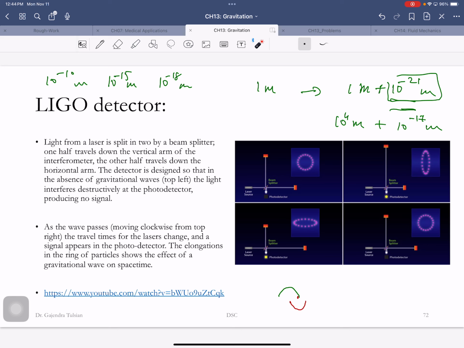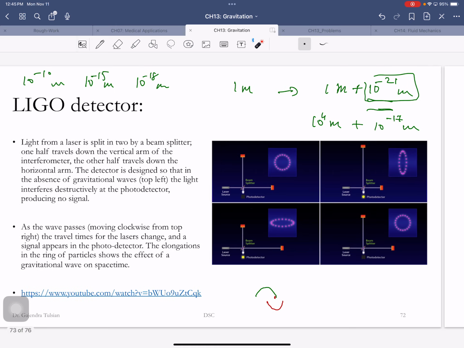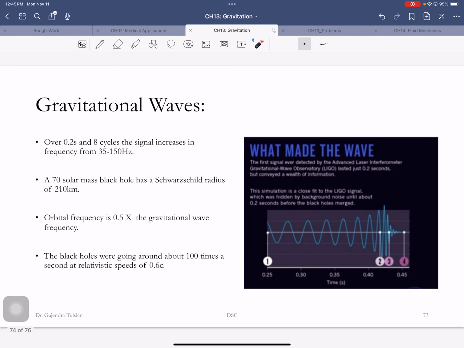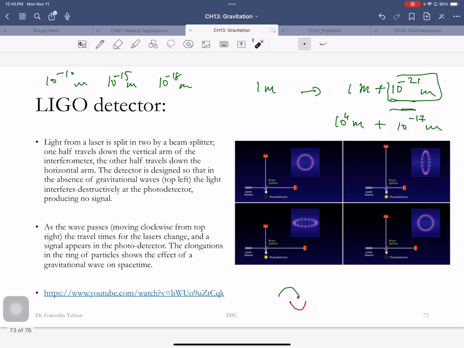So this was large enough only in the last 200 milliseconds. Had the event happened closer, the signal would have been brighter. Do you guys understand that? All right, and here is the signal. You were measuring this light intensity in the photodetector.